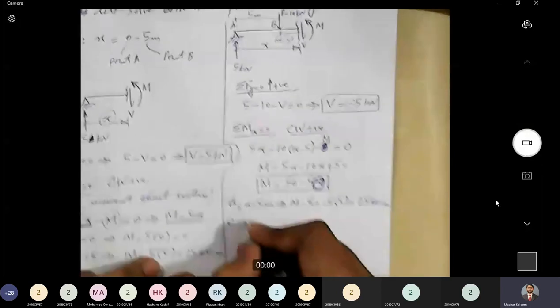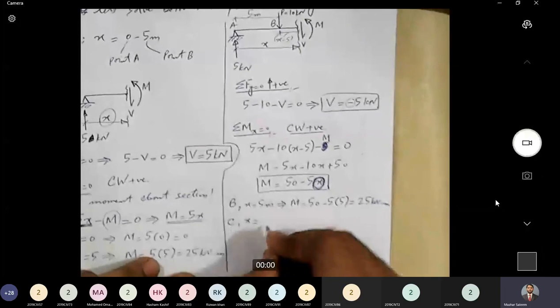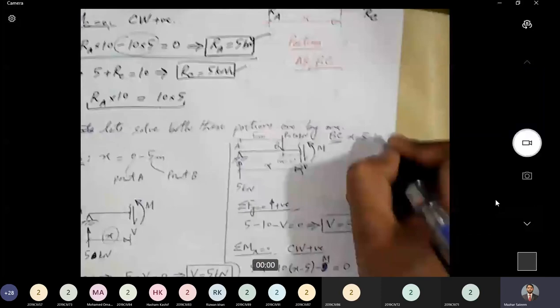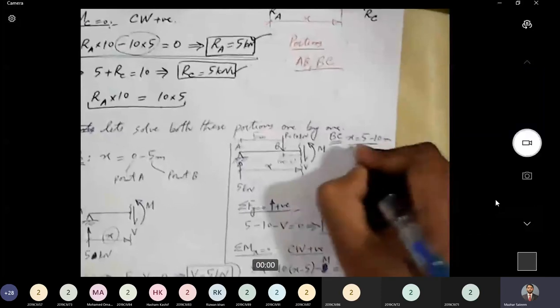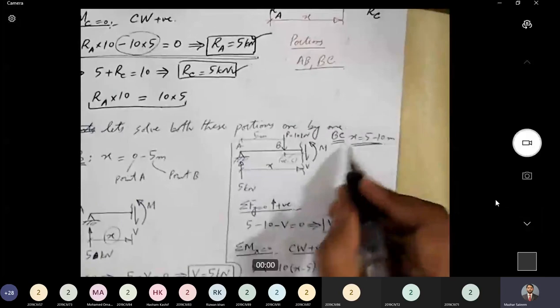How much is x at point C? Wait a minute. At the top here, I forgot to mention the section name. It is BC, and x will vary from 5 to 10 meters.